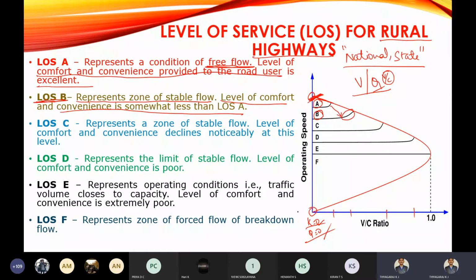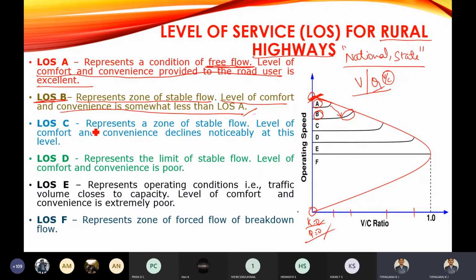Because the flow will be increasing, the density will be increasing, thereby reducing your speed. If your speed keeps on reducing, the operating condition is going to reduce. That's why the comfort and convenience for level of service B is less than level of service A.